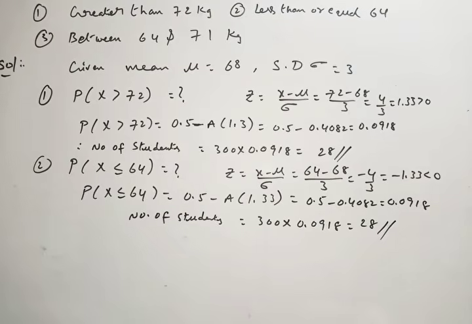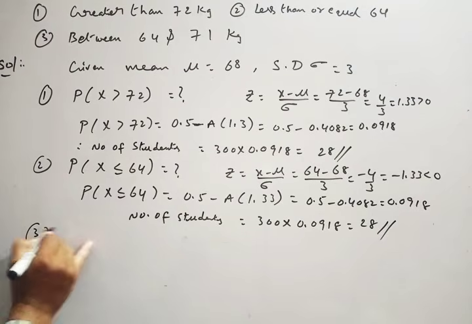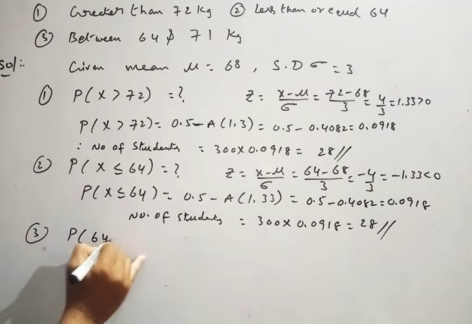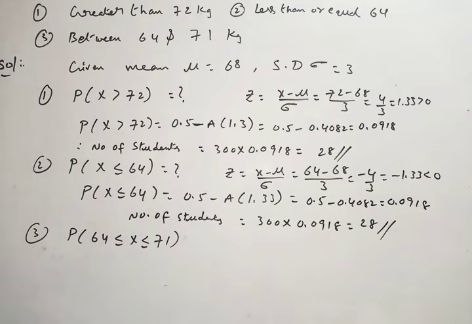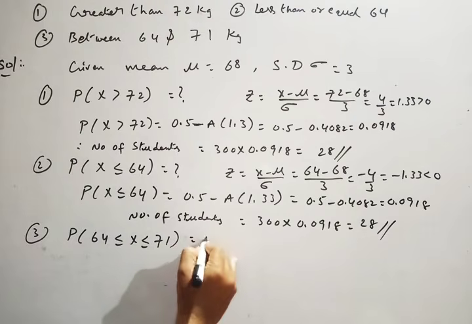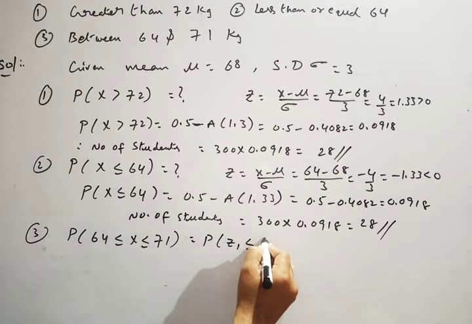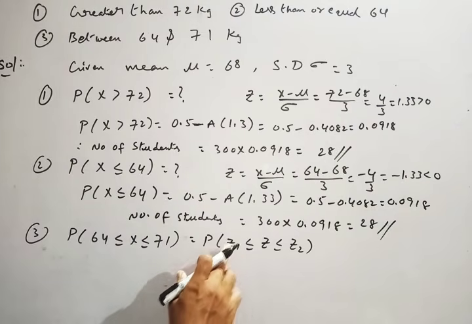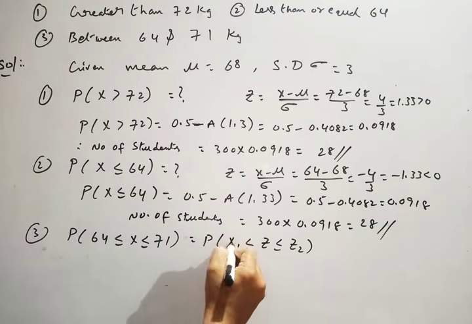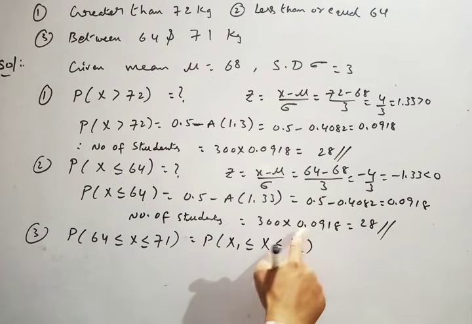Then coming to the next bit, between 64 and 71. So what is the third bit? P of 64 less than or equal to X less than or equal to 71. This you have to calculate. Sorry, not Z, X1 less than or equal to X less than or equal to X2.